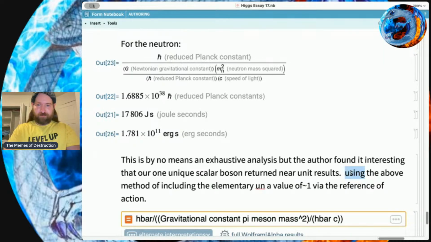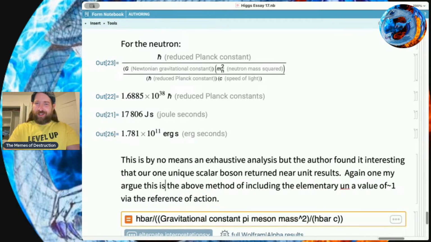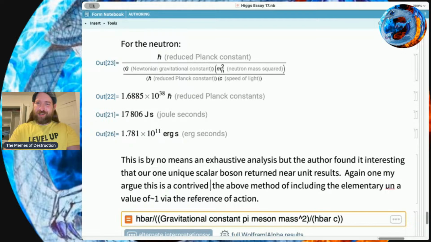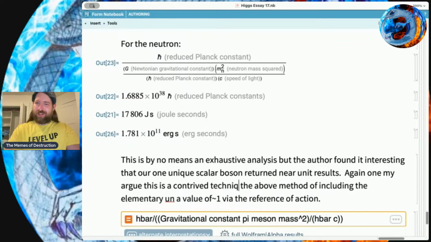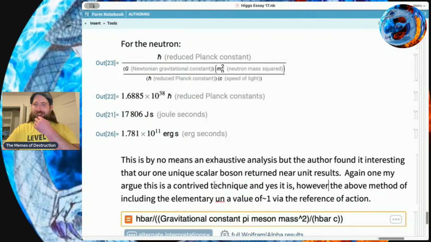Again, one may argue this is a contrived technique, and yes, it is. However, the above, semicolon, that's what we're going to do. Yes, the laws is two sentences. It is.